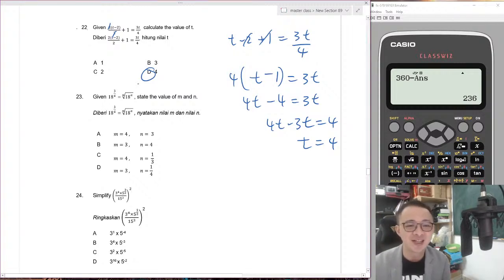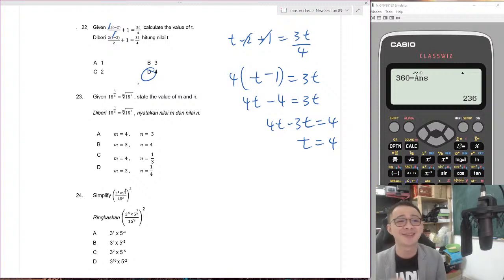Is it true that SPM math grades will drop this year? Okay, like what I have said many times in my live streaming, the grade follows the boundary of the whole Malaysian SPM cohort. So if this batch, a lot of students do very badly, then the boundary line will drop. That means your A or credit boundary will be very low.